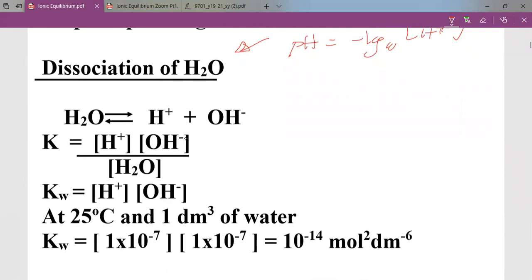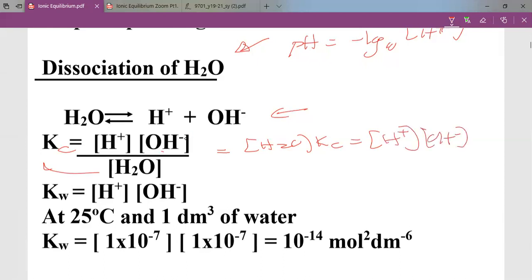Now, as I told you, water is reversible, this one here. So this is your Kc, by the way. You bring this one up here, the H2O times your Kc is equal to H+ times OH-, and it's equal to 10 to this value here.